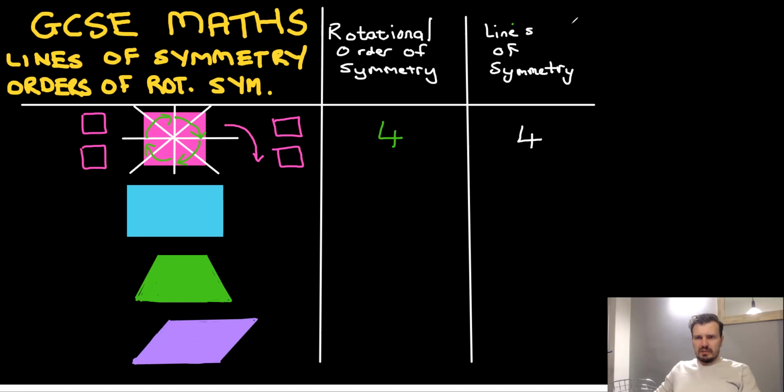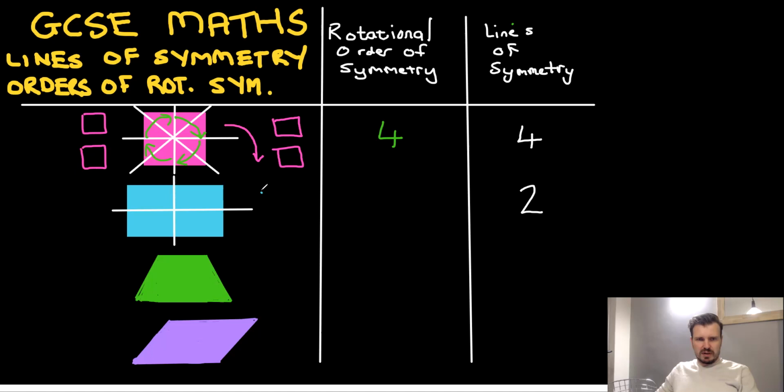Okay. If we look at a rectangle, how many lines of symmetry have we got? 2, good. Because if we cut it up there and we fold it, we'll end up having one there. Now let's look at the orders of symmetry.